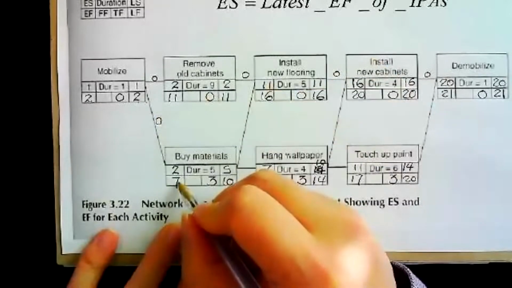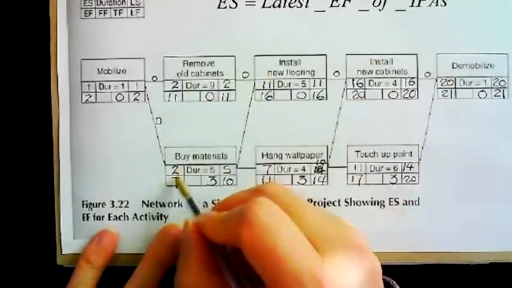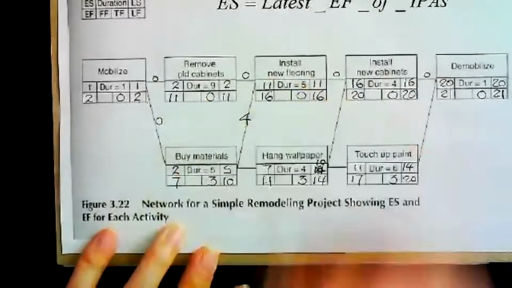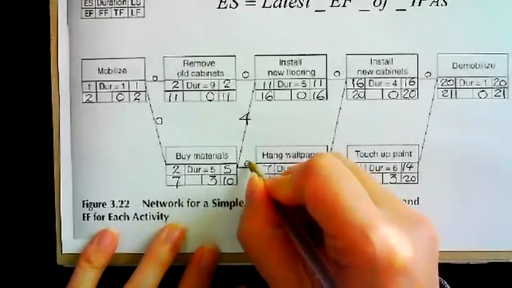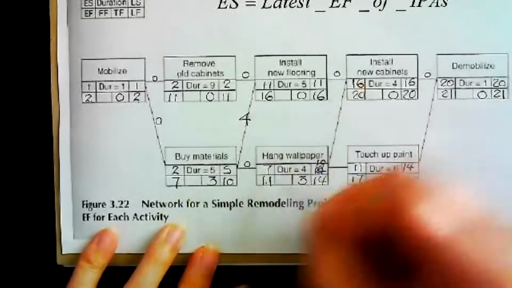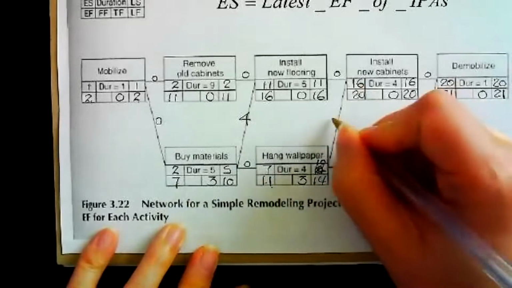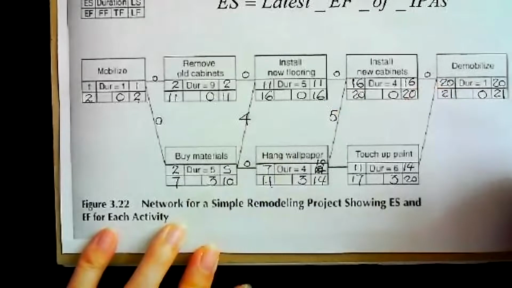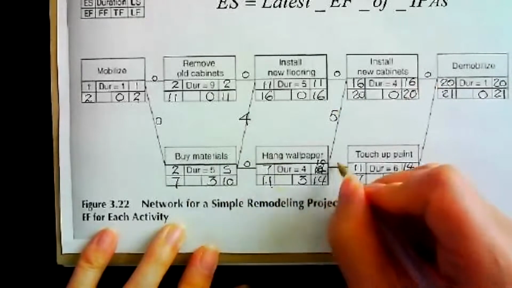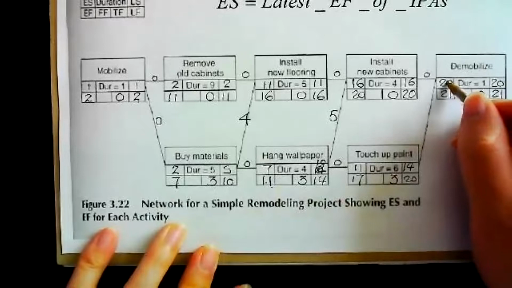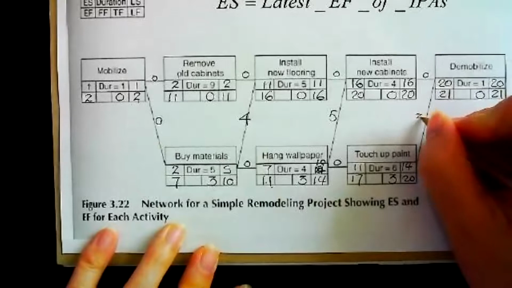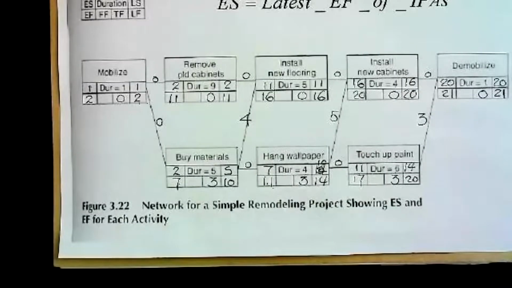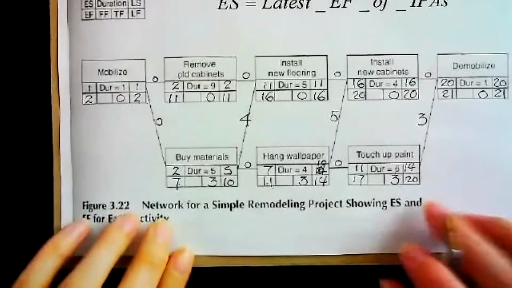This 11 minus 7, there is a 4 on this line. 7 minus 7, there is 0. 16 minus 11, there's a 5 over here. 11 minus 11, there's a 0. This one, 20 minus 17, there is a 3 over here. So that's the lag numbers.